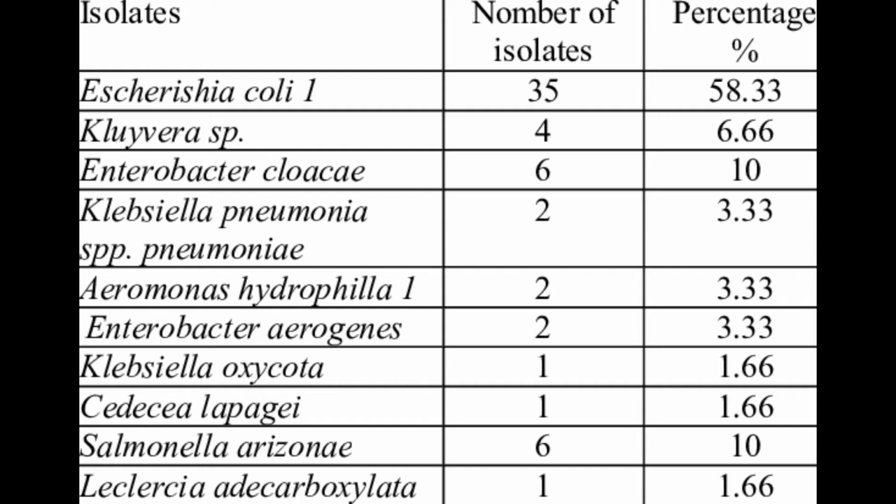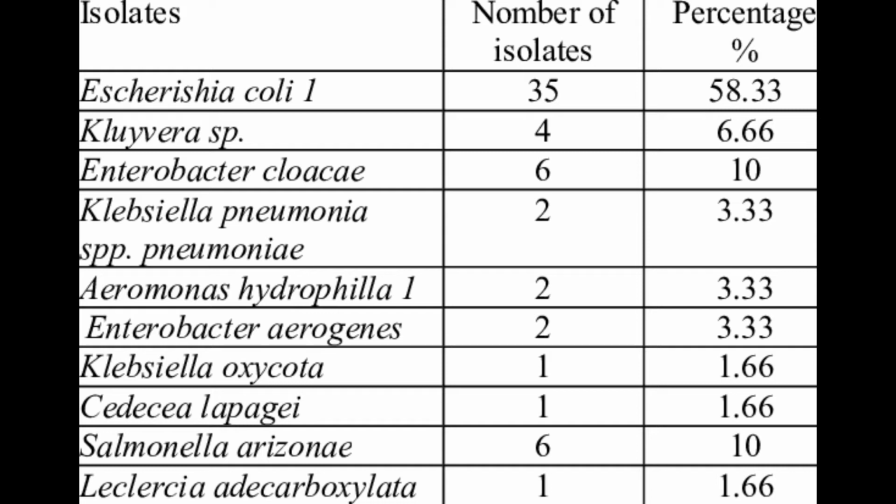Their medium is MRVP broth containing glucose. Methyl red detects mixed acid, which utilizes the mixed acid pathway. The pH is 4.4 or less. The indicator reagent is methyl red. The expected result is red color.